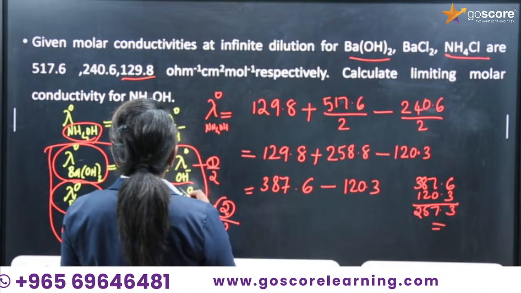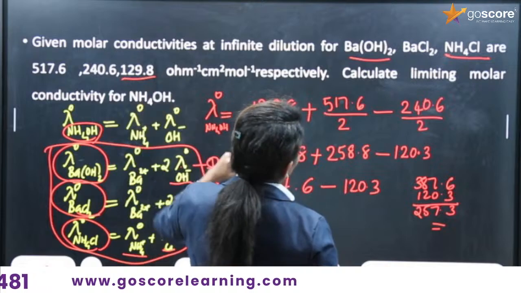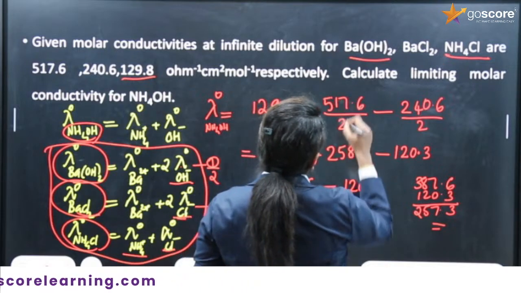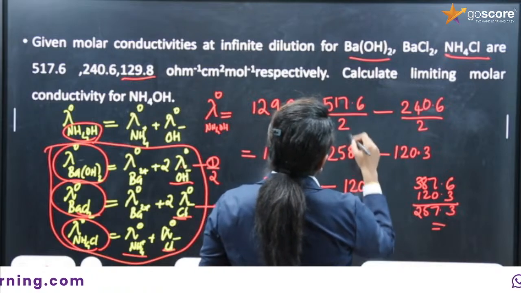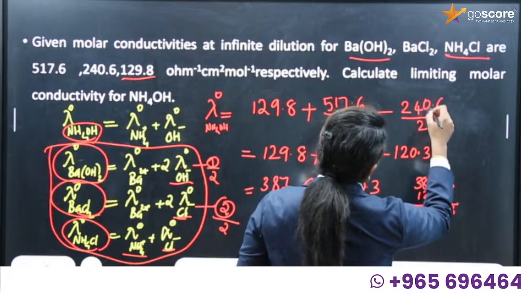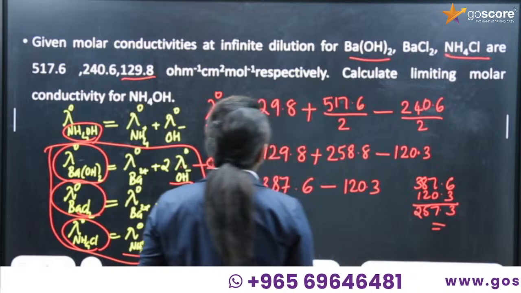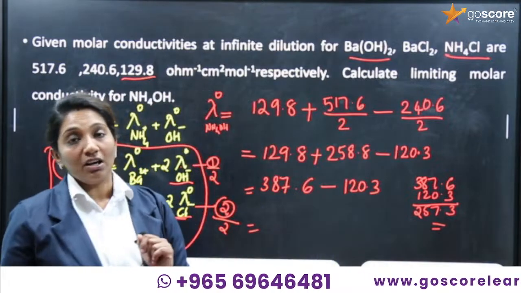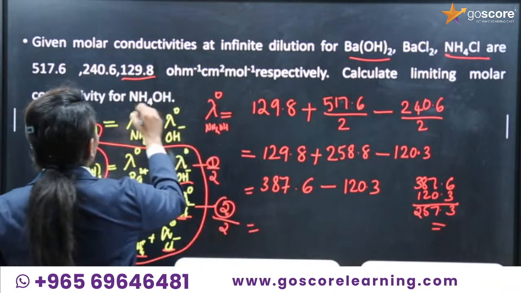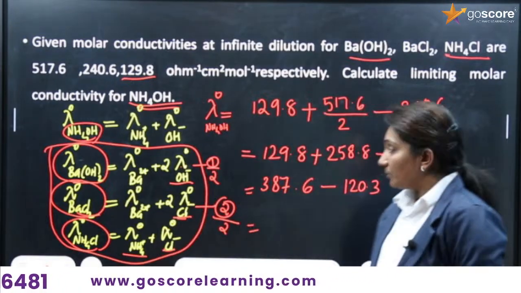NH4Cl, NH4OH plus 1 by 2 minus 240.6, right? 2 2s are 4, 5, 8, 2 2s are 4, 1, 2 2s are 4, 0.3. So simply by doing this calculation, you will get the value for the limiting molar conductivity of ammonium hydroxide. Okay.